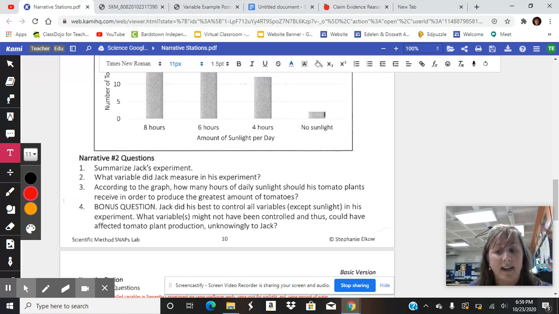So think outside of the experiment. What other variables could affect how his tomato plants grew? Okay, think about the weather, think about this year and our tomato plants. Maybe you grew a garden. What affects that? Think of the outside factors. So that's a bonus question for you.